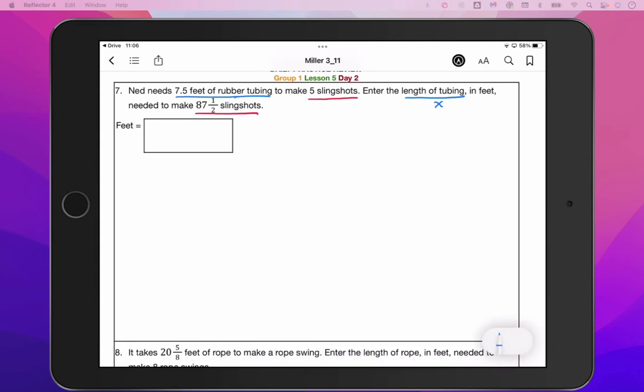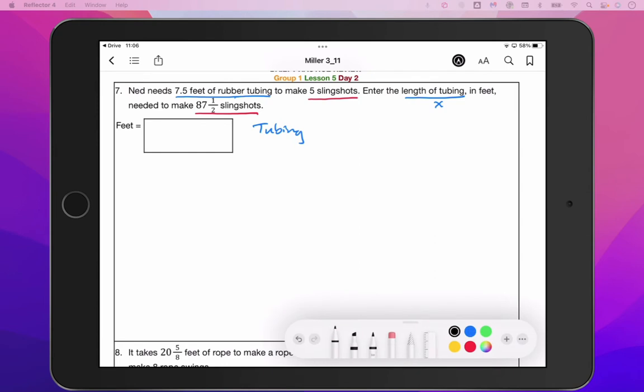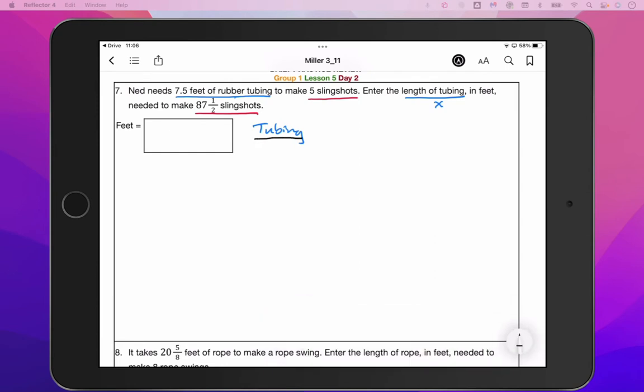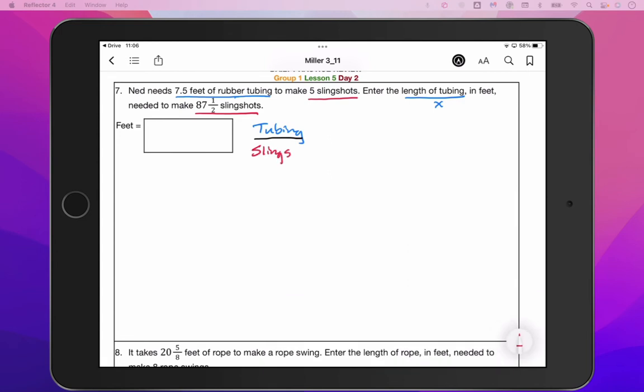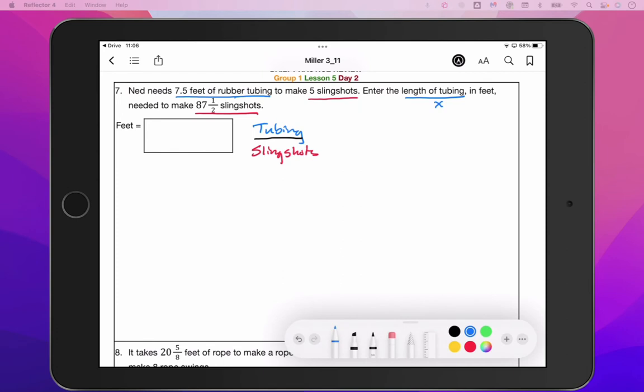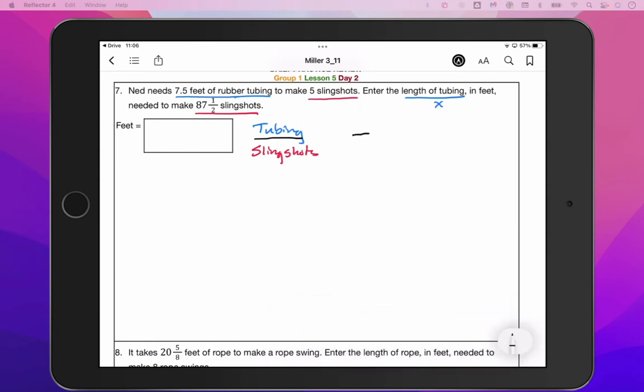Okay, so we will have rubber tubing and we will have slingshots. So we've got our proportions set up here.